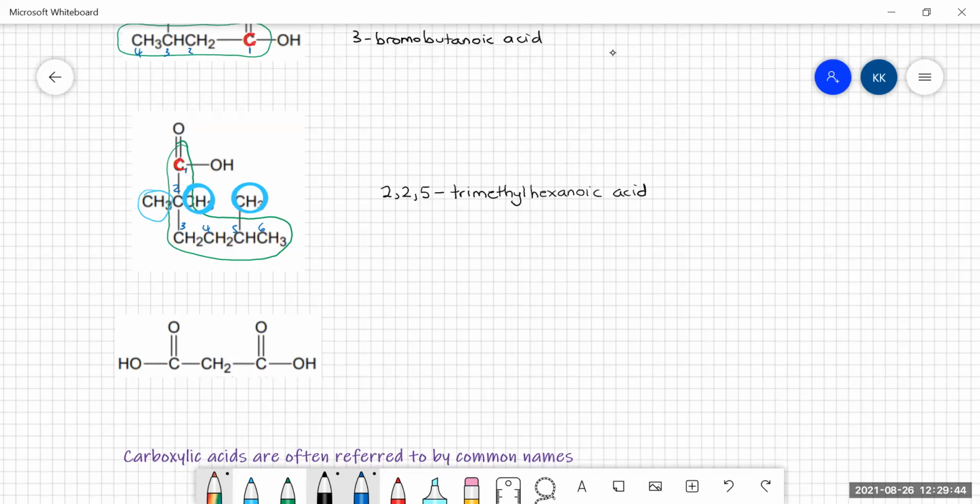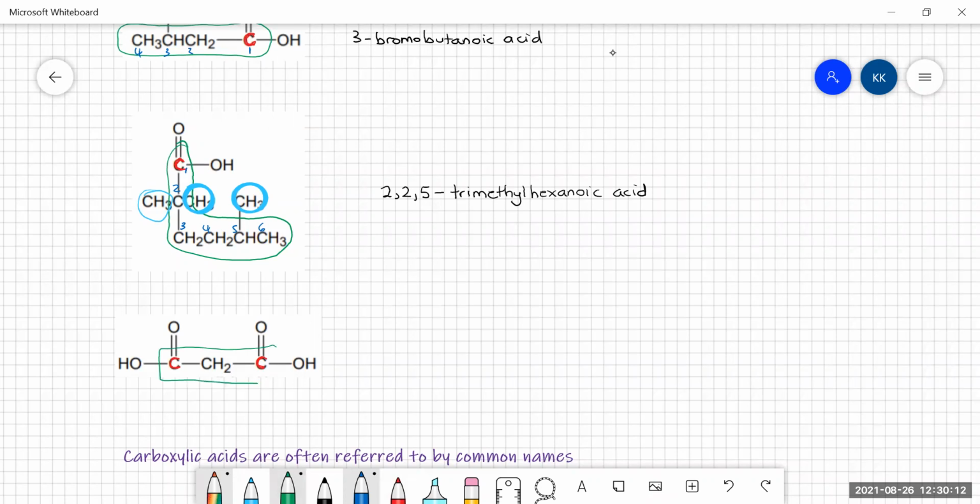Now, how do you handle it when there are 2 carboxylic acid groups on a molecule? So here we can see we've got a carboxylic acid group on each end. Well, all you've got to do in this case, this is a dicarboxylic acid, and you need the longest carbon chain that actually includes both of those.